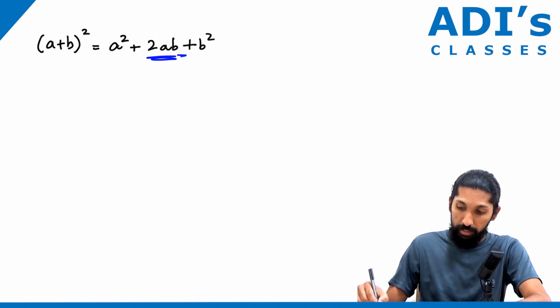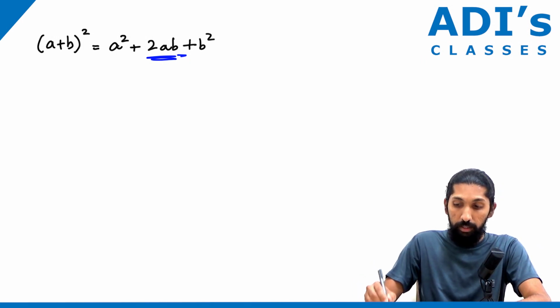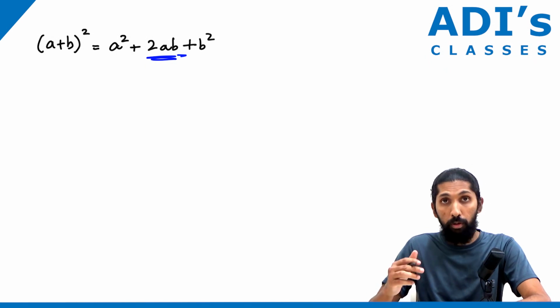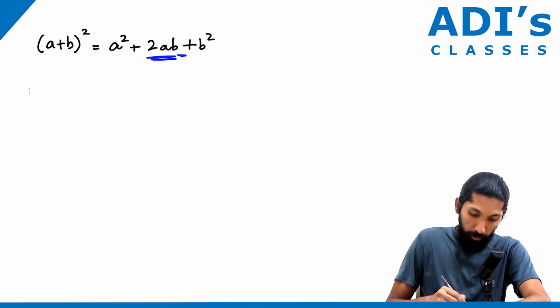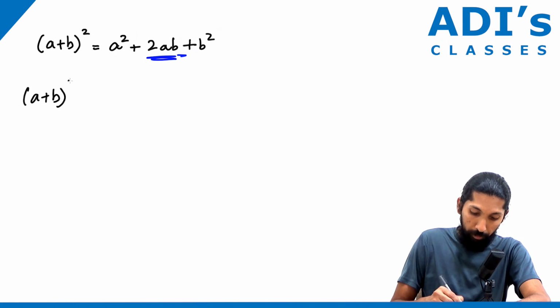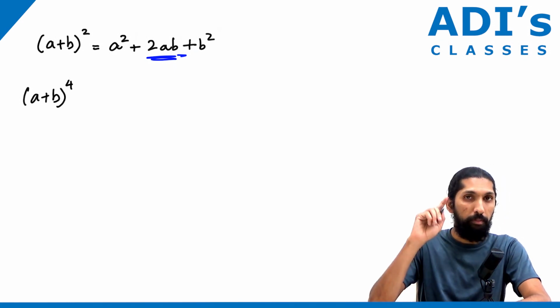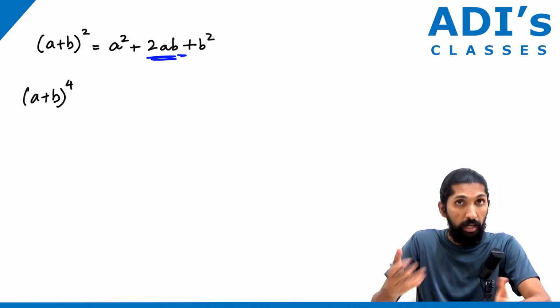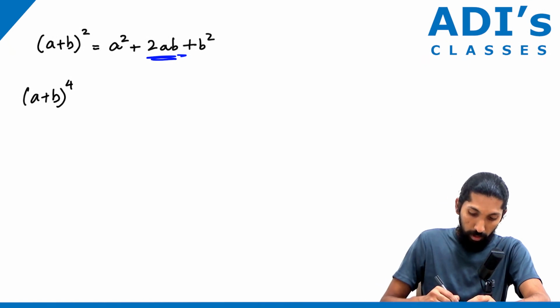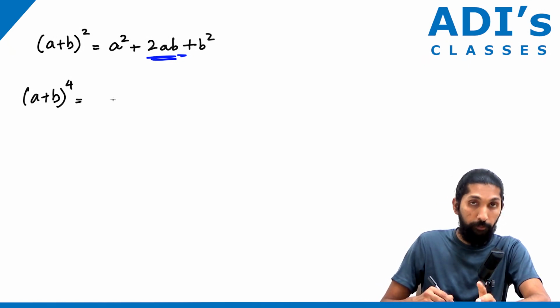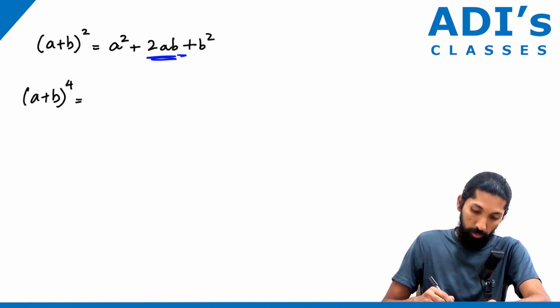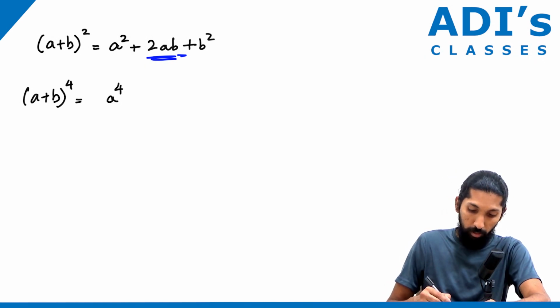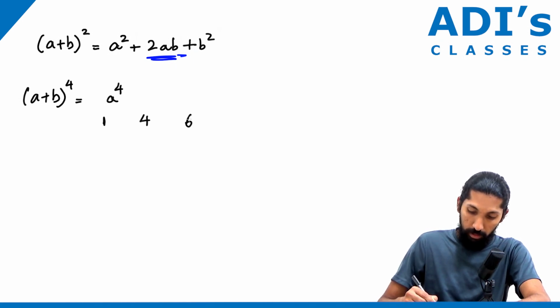Now, with the help of Pascal's triangle, we'll calculate (a plus b) whole power 4. If you remember the Pascal's triangle, just the coefficients, we are not looking at the actual terms, even though you can, it's very easy. So you have a power 4 with coefficient 1, then 4, then 6, then 4, then 1.